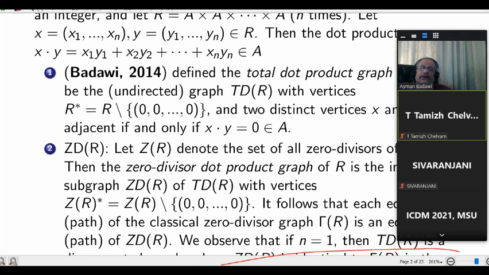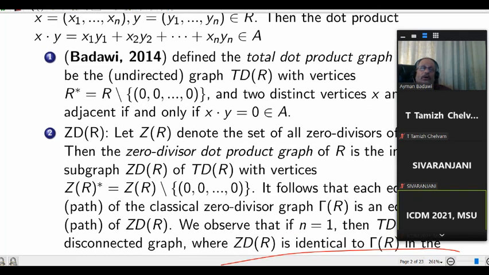If we take Z(R) to be the set of all zero divisors of the ring R, and then you take Z(R) star to be the set of all zero divisors of the ring R, take away 0.